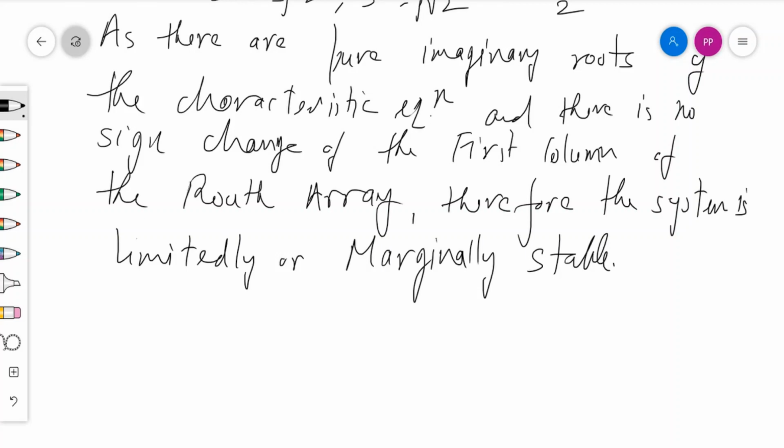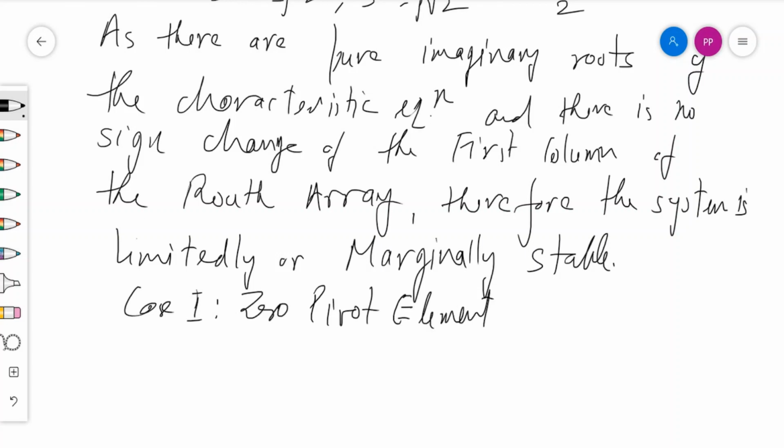Case one is where the first element of the row is 0, so we can call that the 0 pivot element, but the entire row is not all 0.